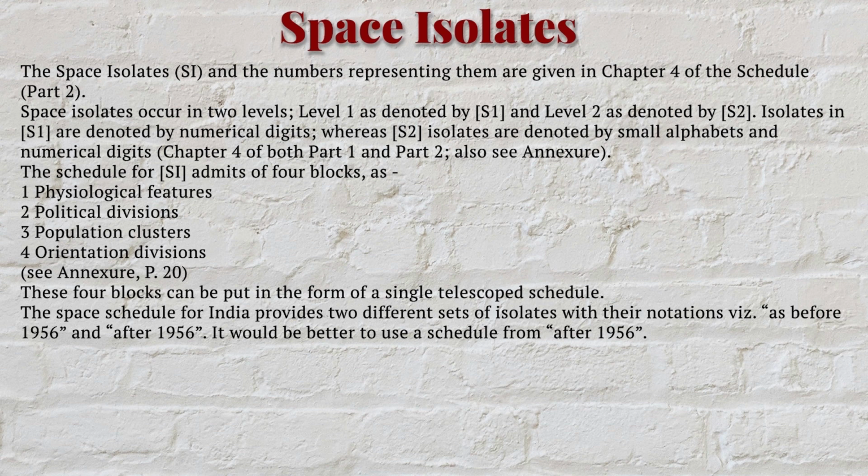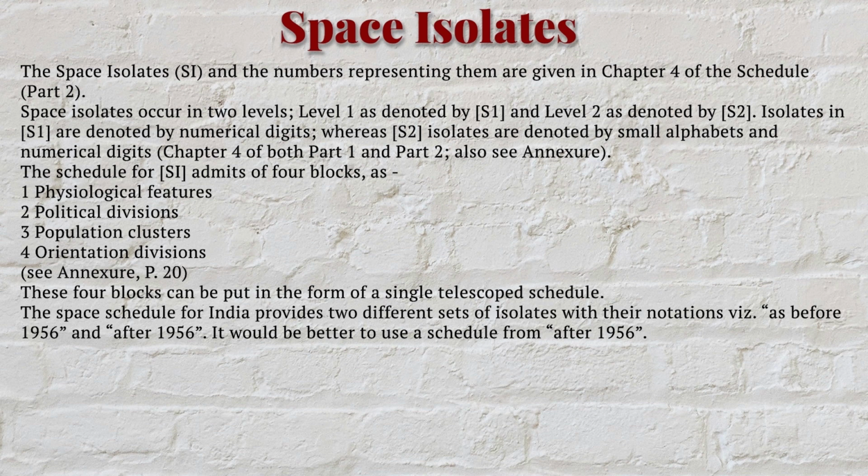Isolates in space level 1 are denoted by numerical digits, but in space level 2 isolates are denoted by small alphabets and numerical digits. We refer to chapter 4 of both part 1 and part 2, and also we have to check in the annexure if there is any revision in the 1963 reprint version of the 6th edition of colon classification. The schedule for space isolate admits 4 blocks as physiological features, political divisions, population clusters, and orientation divisions.